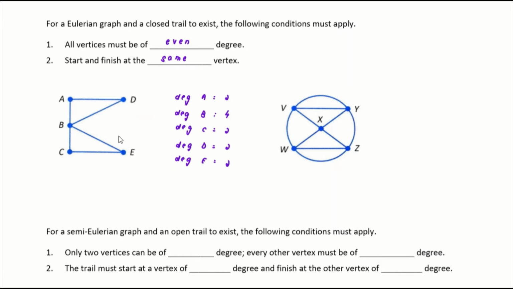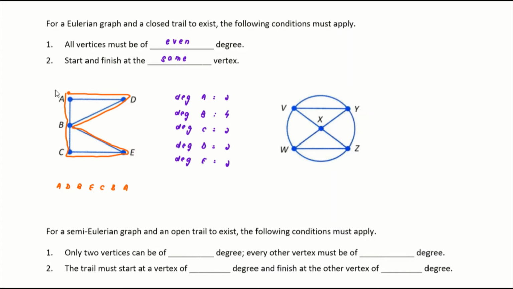For example, if I want to start from A, I can pass through A to D, then D to B, B to E, then E to C, and then C to B, and then go back to A. So let me write down my Eulerian trail: A, D, B, E, C, B, A.